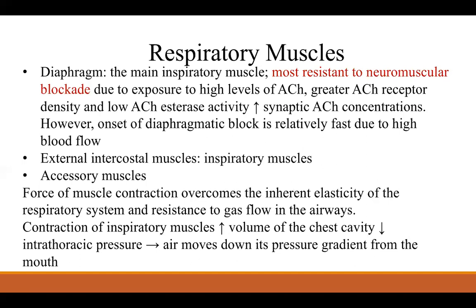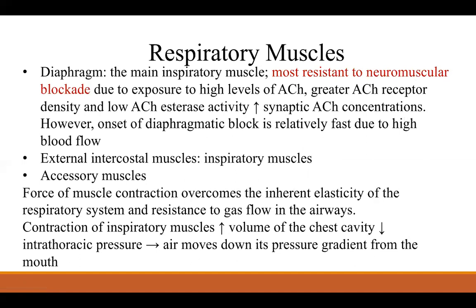All right, so something about neuromuscular blockade. You are always focusing on neuromuscular blockade in situations of anesthetizing patients. And I would like to emphasize the fact here that the diaphragm is not as easy to respond to the neuromuscular blockade, more resistant than most other muscles.